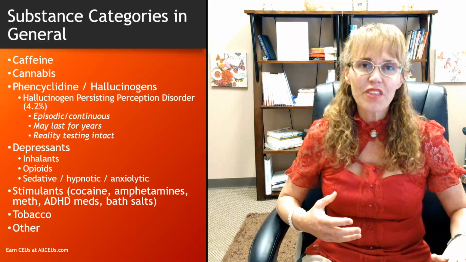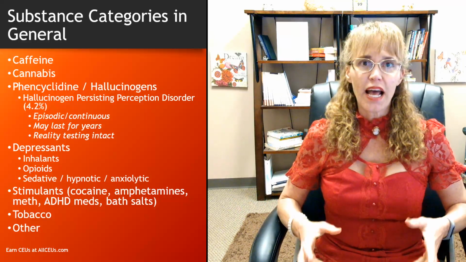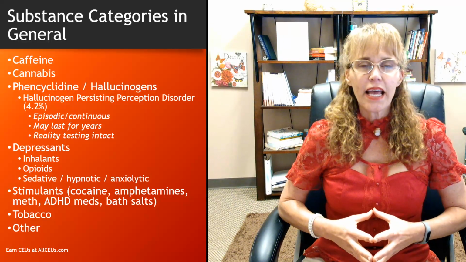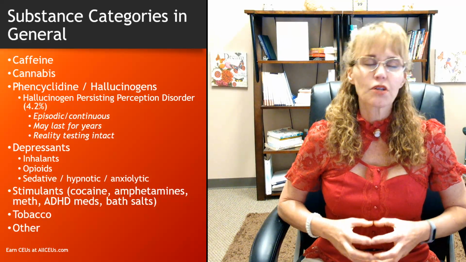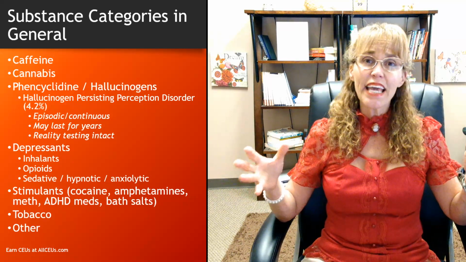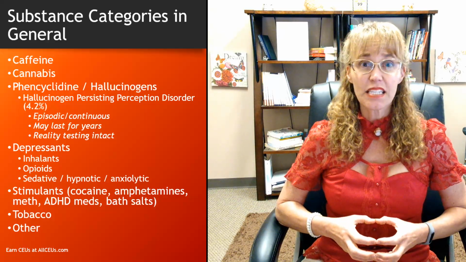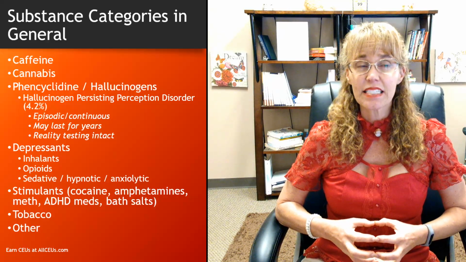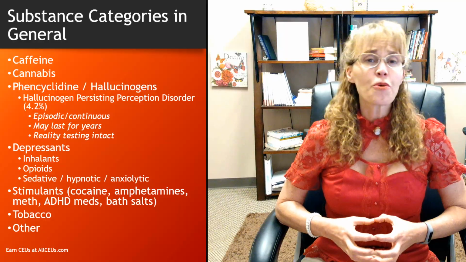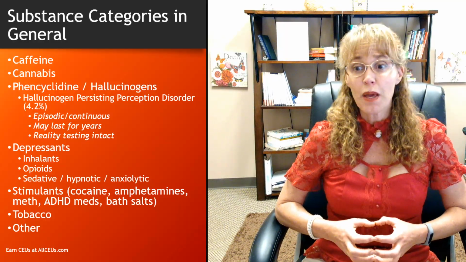Then there are other things like GHB that don't have quite the same response. So anyway, that's a really handy table if you are doing a substance abuse assessment to identify other mental disorders, mental health symptoms that you may be looking for.